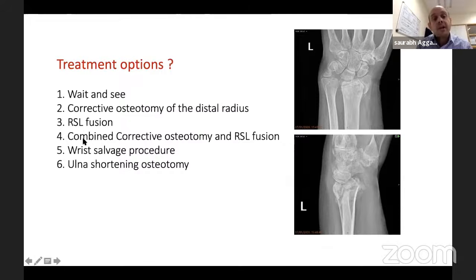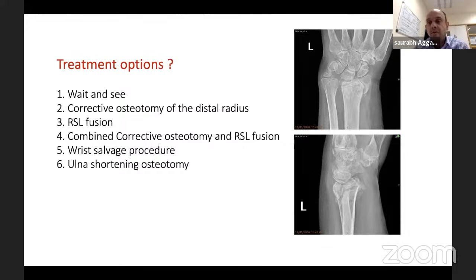Or should we combine corrective osteotomy to distal radius and RSL, radioscapholunate fusion? Can we think in terms of wrist salvage procedure like a neurectomy and steroid injections? Or can we do a simple ulnar shortening osteotomy? So again, I decided to do the corrective osteotomy to radius and RSL fusion.